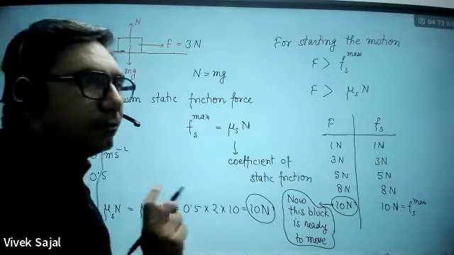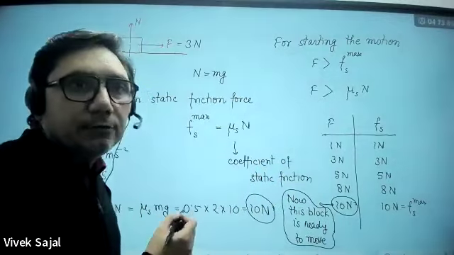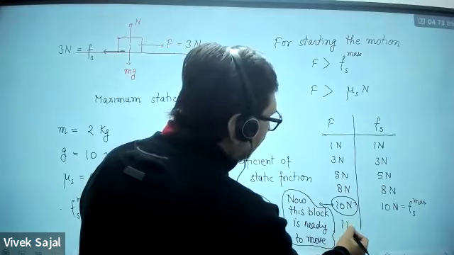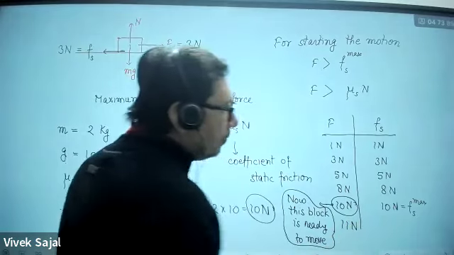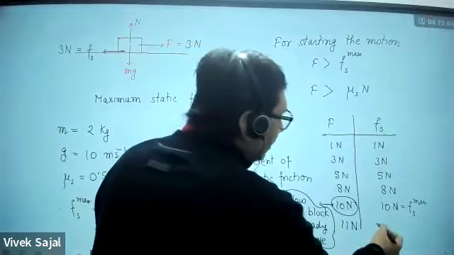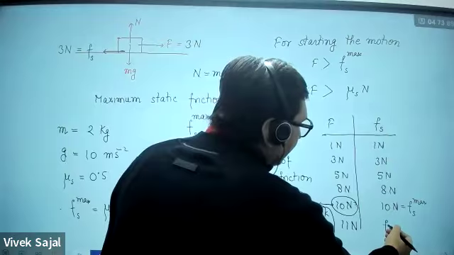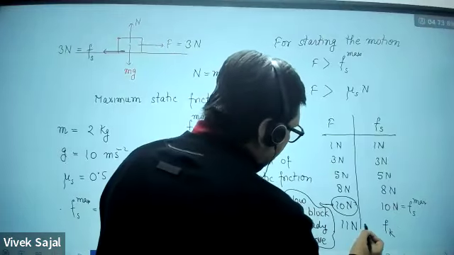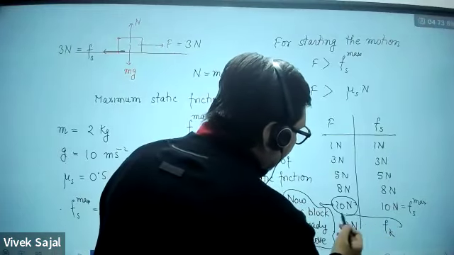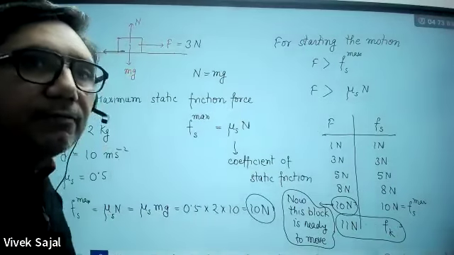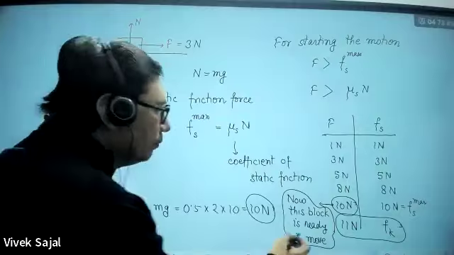Now you apply a force greater than this 10 Newton, suppose 11 Newton. What will happen? This static friction force will convert into kinetic friction force, and the block will start moving.